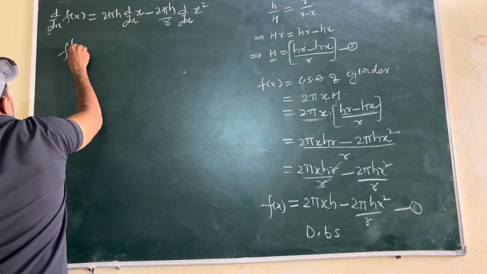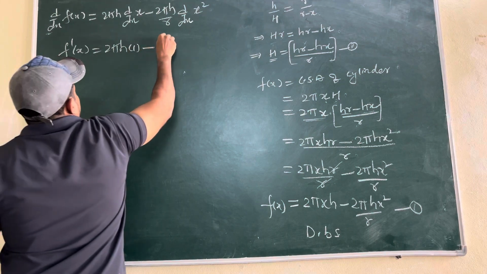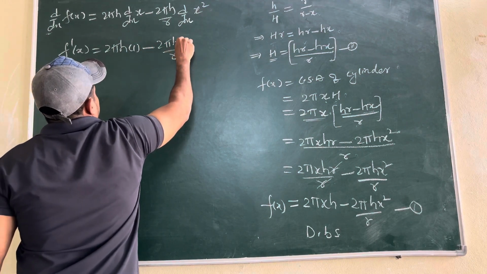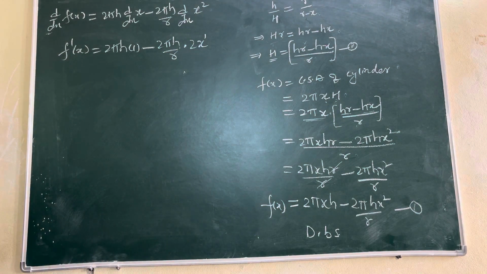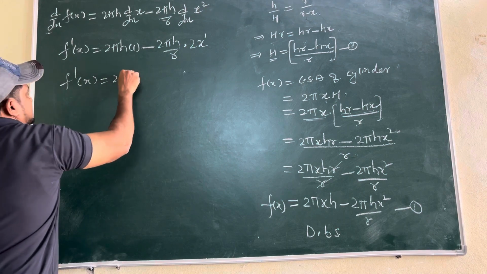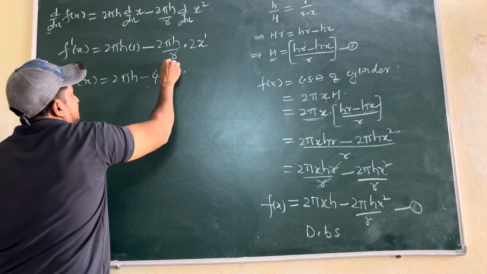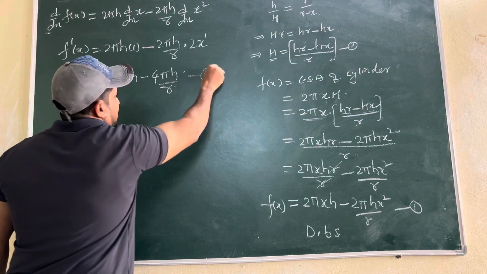This is f dash of x: 2 pi H into 1, minus 2 pi H by r into 2x to the power 2 minus 1. So f dash of x is 2 pi H minus 4 pi H x divided by small r. This is our f dash of x.